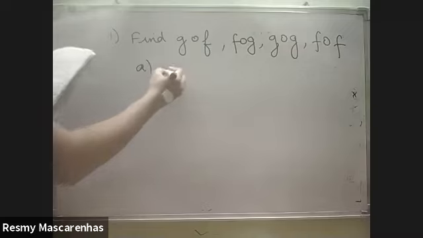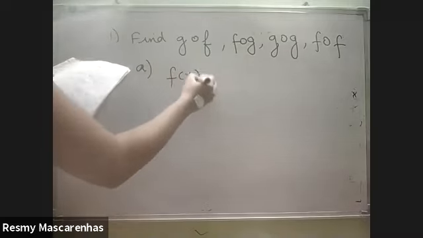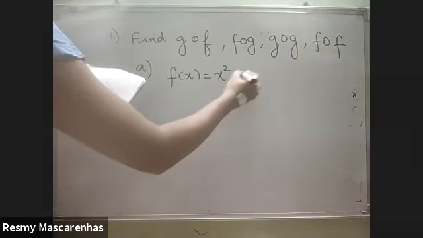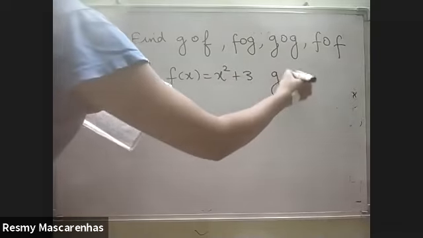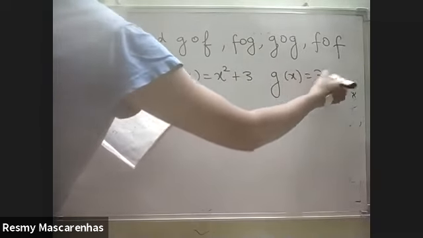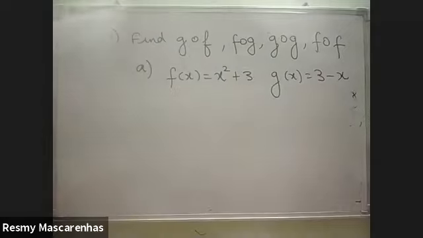First question is, f of x is x square plus 3, g of x is 3 minus x. Okay, so we have to find GOF, FOG, GOG, and FOF.